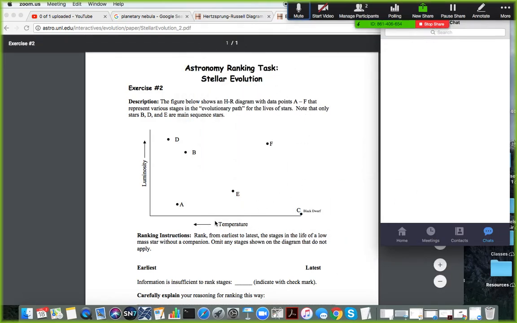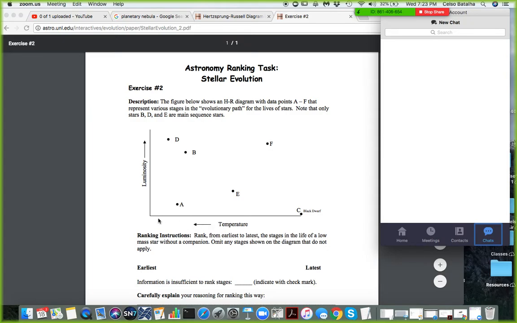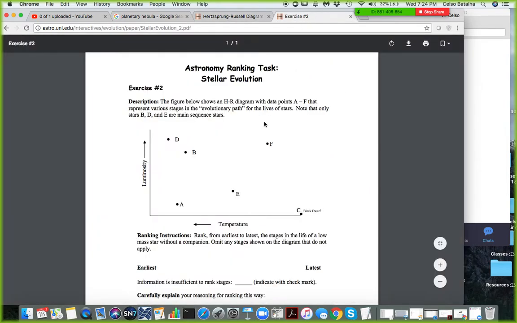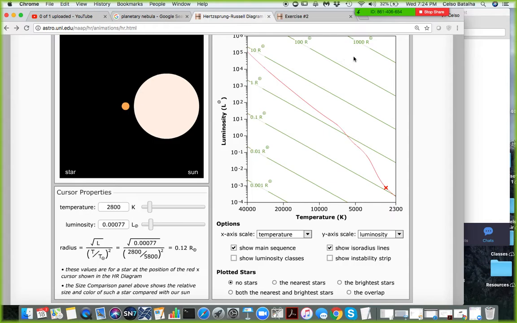I don't have the numbers here for temperature, so I don't know which temperature these represent. I don't know if D represents a star up here, right? And I'm not sure if F represents some star up here, or some star down here.